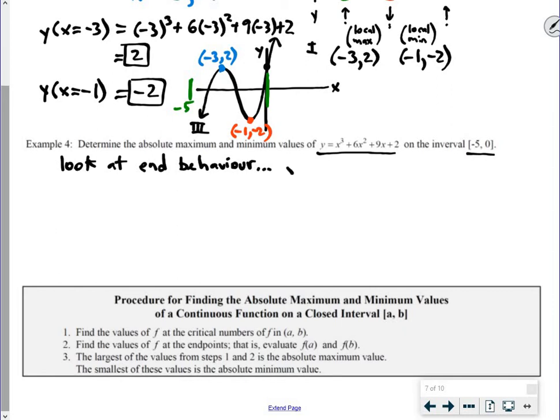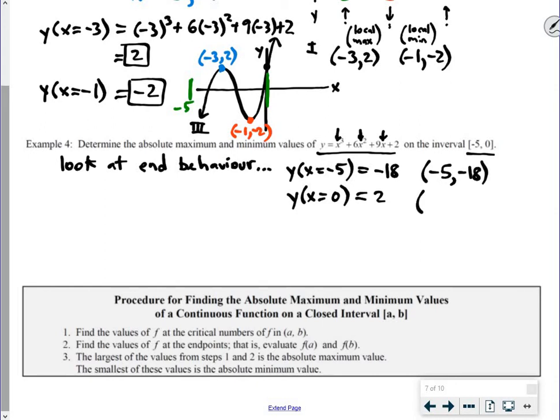So the function y when x equals negative 5, you can sub in negative 5 for all these x's, and simple enough, you get negative 18 out of that. And we can look at the function value when x is 0, the other endpoint. That's going to be 2. So we would have two coordinates to consider, (-5, -18) and (0, 2).